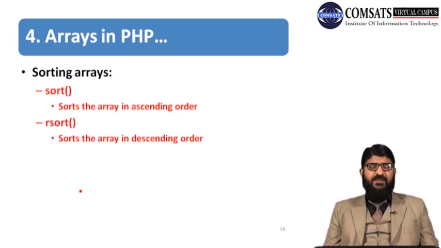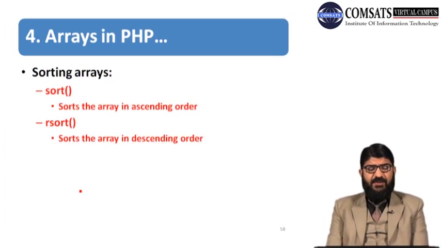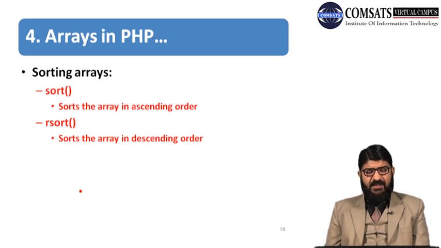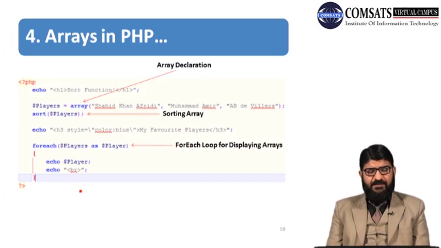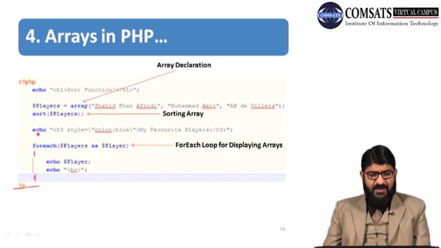And then how to sort the arrays. The arrays can be sorted either with the sort function, or with rsort they can be sorted in descending order. When you use the sort function, the array will be sorted in ascending order, and when you use the rsort function, the array will be sorted in descending order. Let's see the example. For the same array players, it is mentioned, and in the end you can see over here the code is mentioned: sort players.